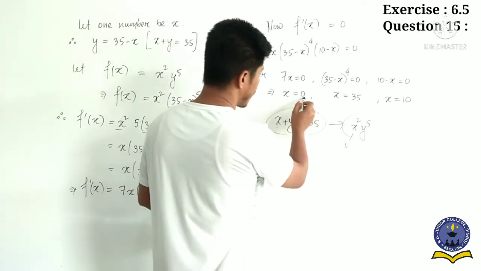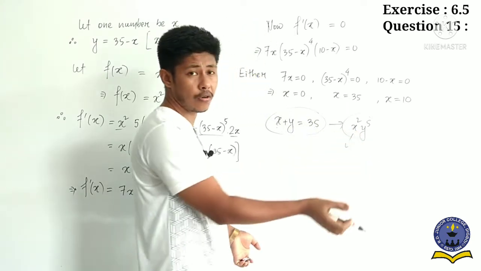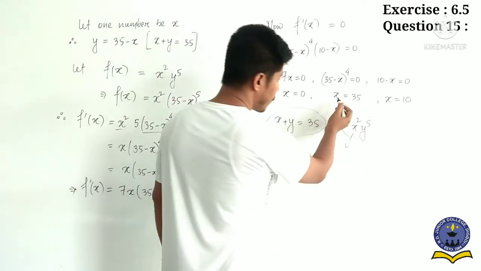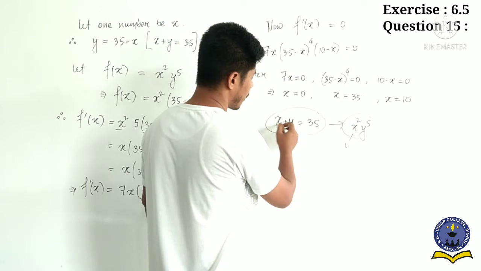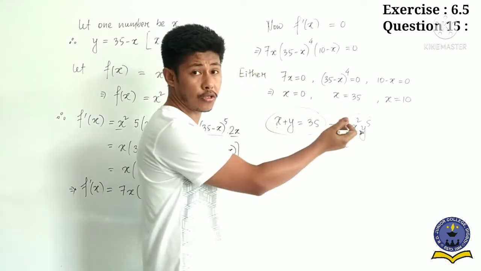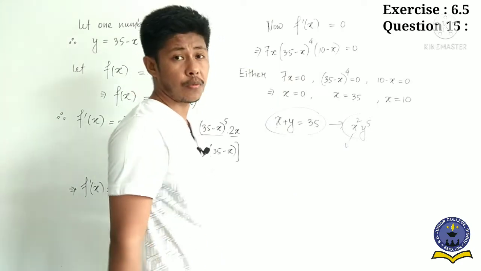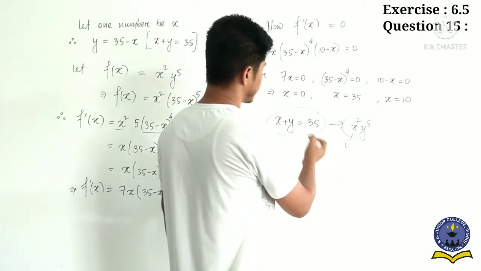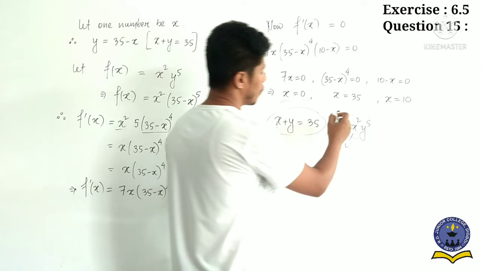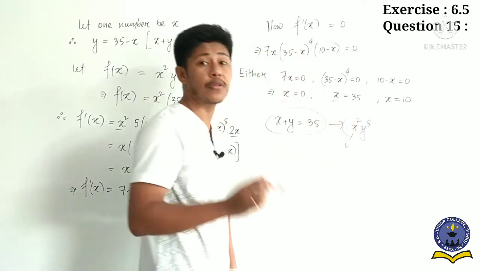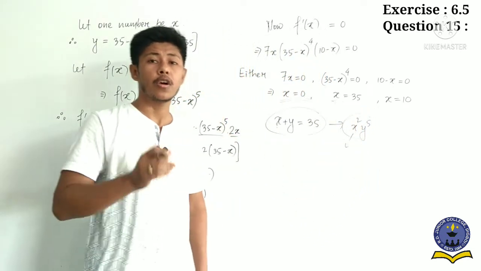If we put x equal to 35 here, 35 cancel, then y equal to 0, which is also not possible. That means from here easily we can say the value of x equal to 0 and the value of x equal to 35, these two values are not possible.